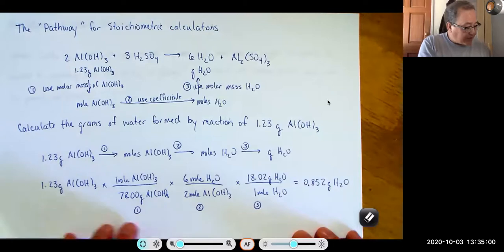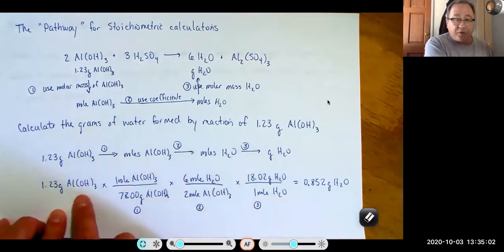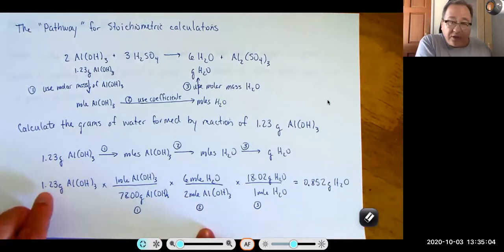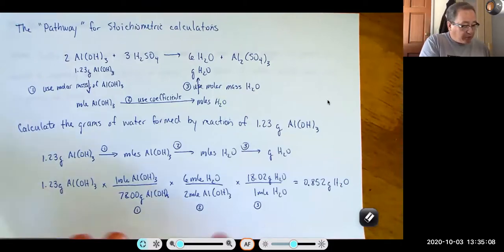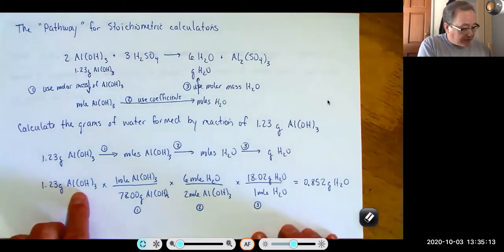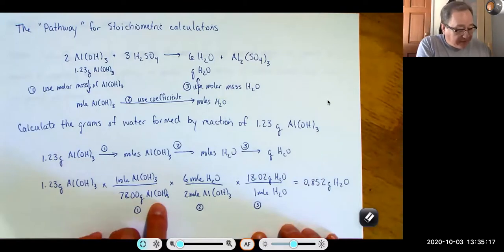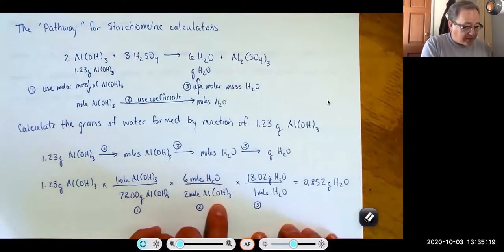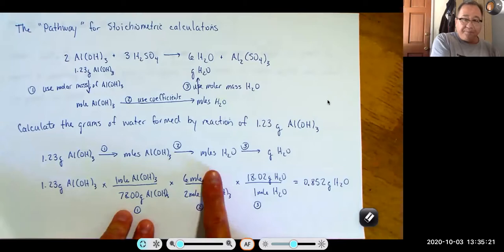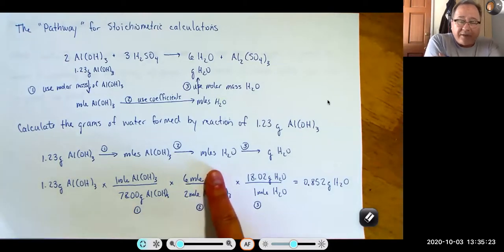Now you'll notice that I have written labels with all of my numbers and units. Imagine what this would look like without all the labels. If I didn't have aluminum hydroxide here and here, if I didn't have H2O and aluminum hydroxide here, just let me cover that one up. Suppose I didn't use labels there and I had 6 mole over 2 mole.